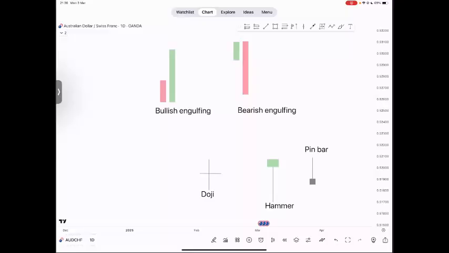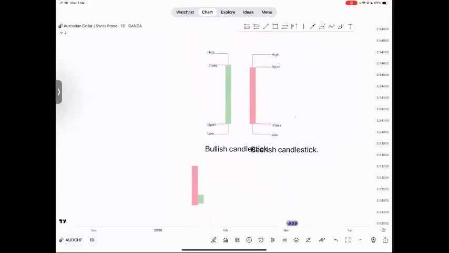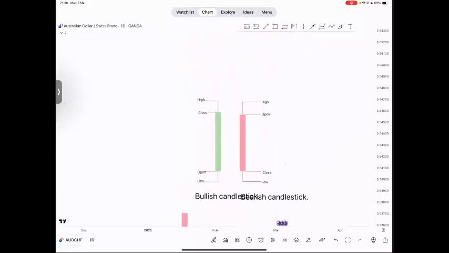Now the dojis are powerful candlesticks. They have strong reversal power. Whenever you see the doji candlestick, what should come to your mind is indecision. If you remember our knowledge of candlesticks, every candlestick we looked at has an opening price and a closing price.